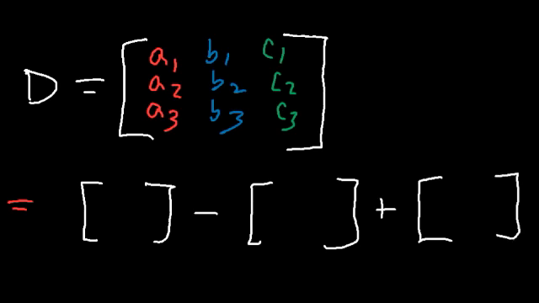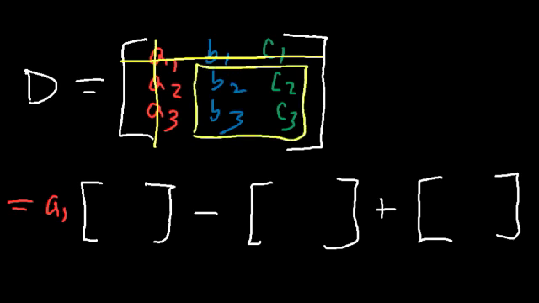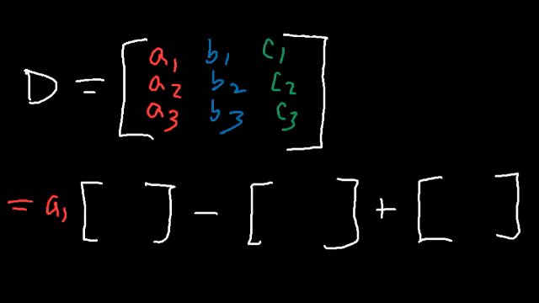So for the first one, eliminate a1. It's in the first row in the first column, so we're going to put that here. Now eliminate row 1 and column 1. And what you have left over, b2, b3, c2, c3, that's going to go in the first 2 by 2 matrix. Now for the next one, we're going to use b1.